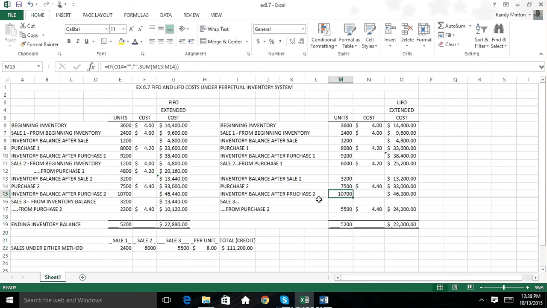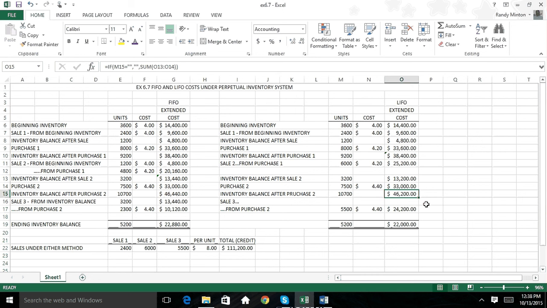In this case, $10,700. But now you will notice that we have still a difference in terms of the inventory balance after purchase number 2 is completed. And again, that's going to be when you're starting now to mix all of these costs, and you're actually starting to do what we call LIFO layering at that point.